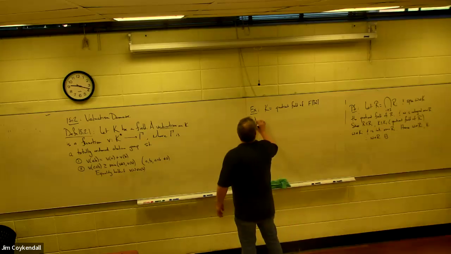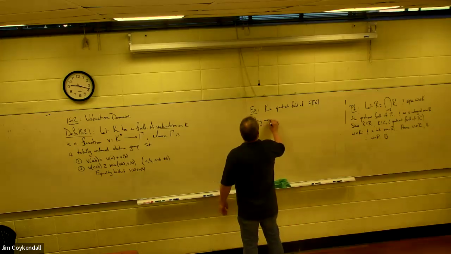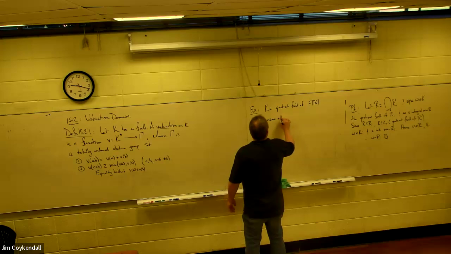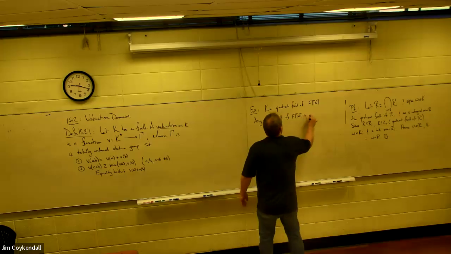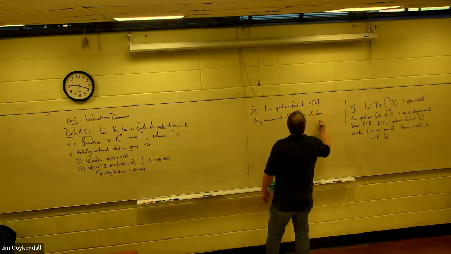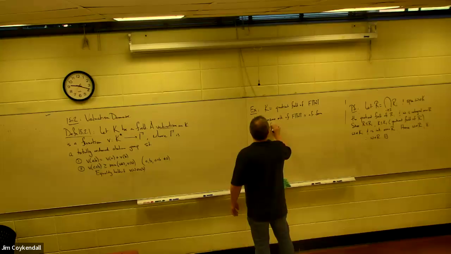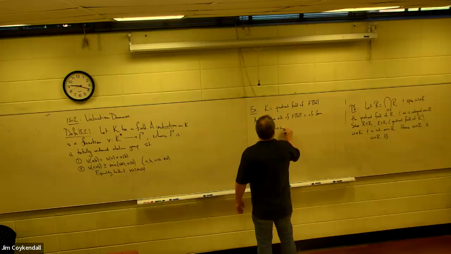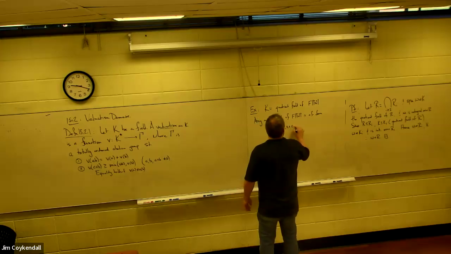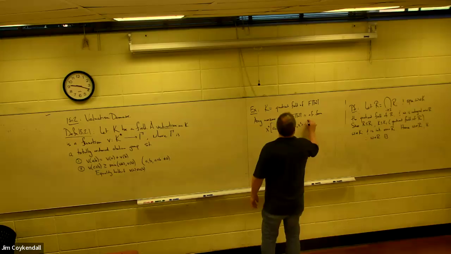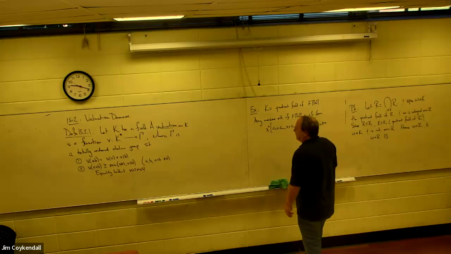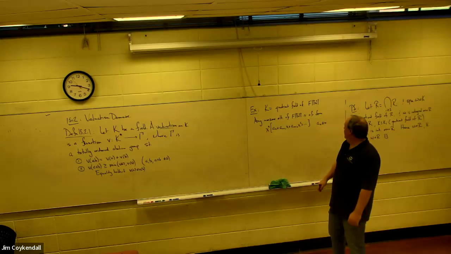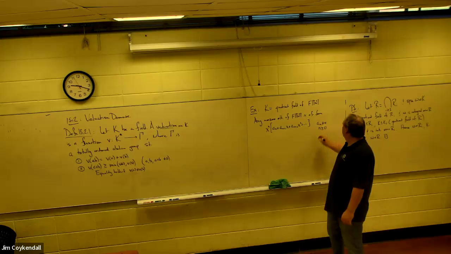Any non-zero element of F power series in x is of the form x to the n times a_n plus higher terms, and n is greater than or equal to zero.